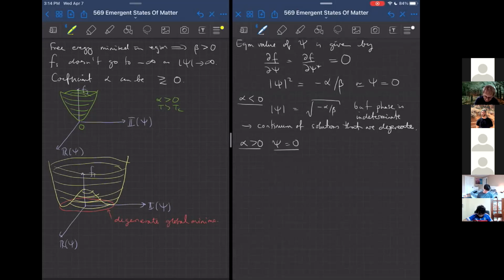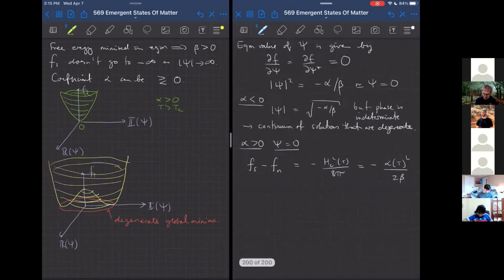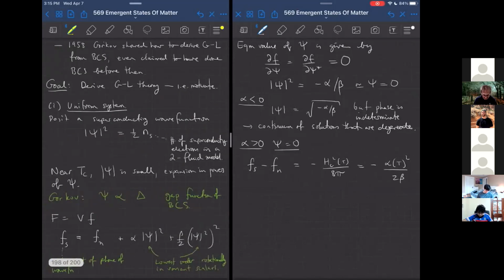And so what that means is that the difference between the superconducting and normal free energy densities, well, we already saw that was equal to hc squared over 8 pi. And so we've learned that that is equal to minus alpha of t squared over 2 beta, just simply plugging in the value psi squared is minus alpha over beta into the functional form for the Ginzburg-Landau free energy.